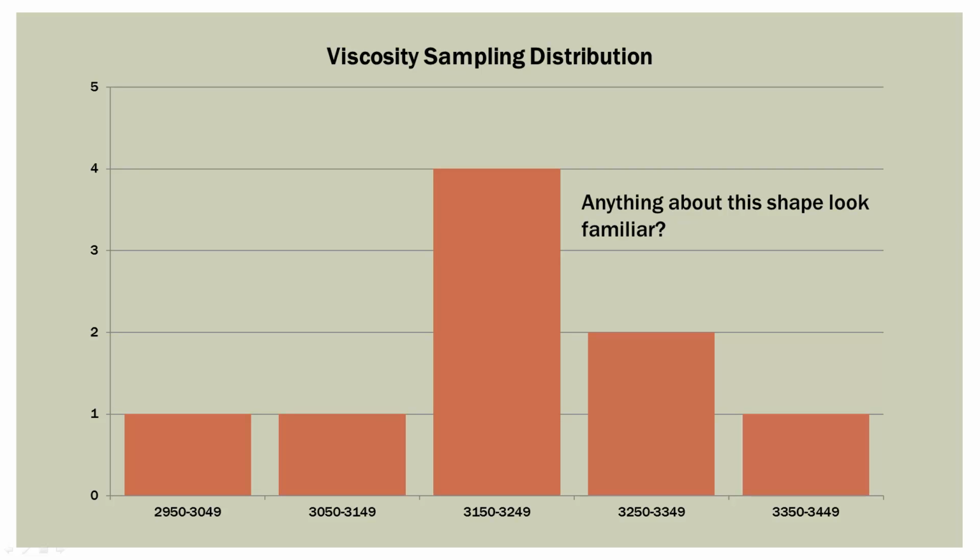What if I were to take the normal bell curve and put it on top of this distribution? Aha! See what we're getting at here? Now, the sampling distribution is going to have its own sort of shape, and hopefully it comes out to be sort of a normal distribution shape. But again, we're getting a bit ahead of ourselves, but you can see where this sampling distribution comes from. It's actually a distribution of the sample means themselves.